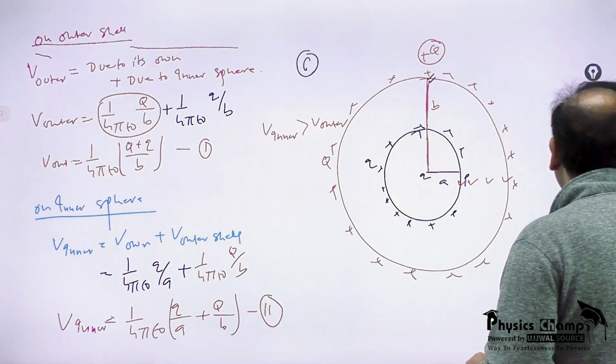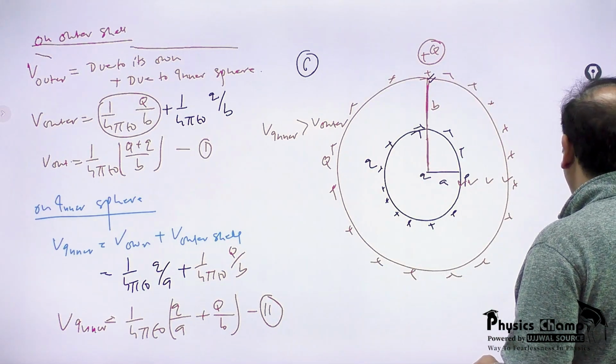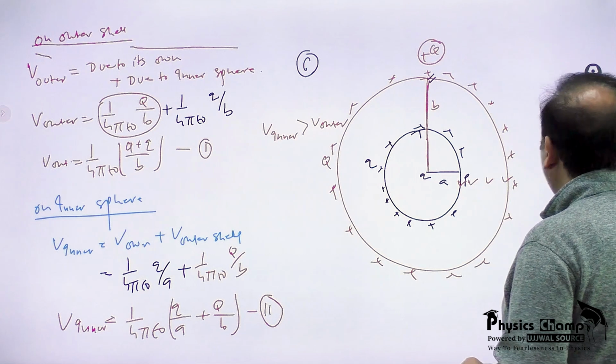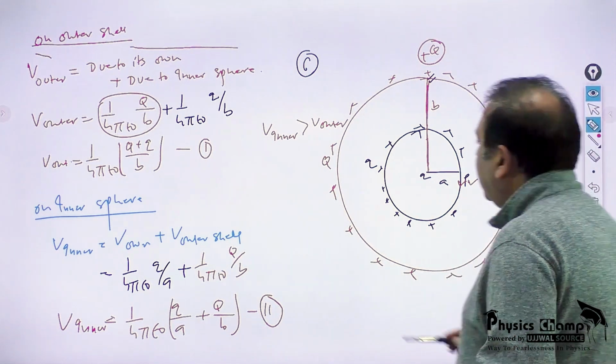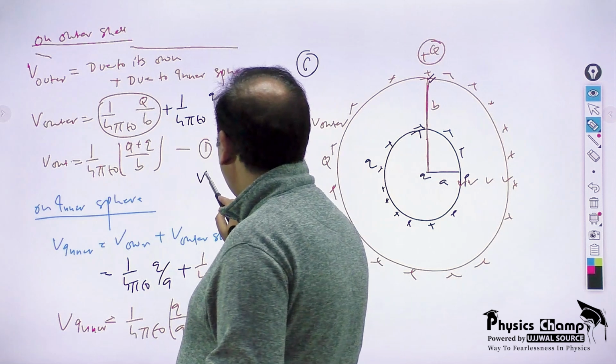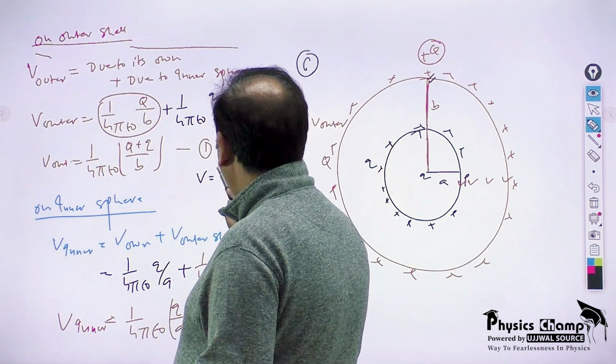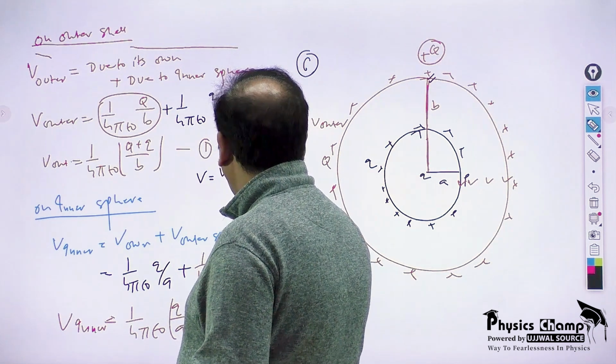And how much will be the potential difference? The potential difference between the inner shell and outer shell can be written as V inner minus V outer.